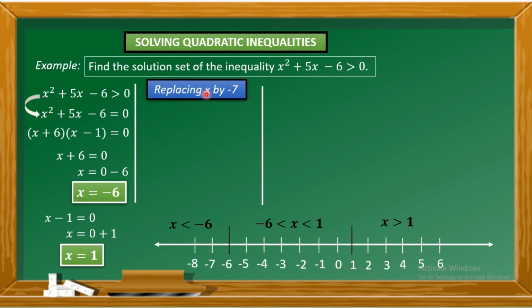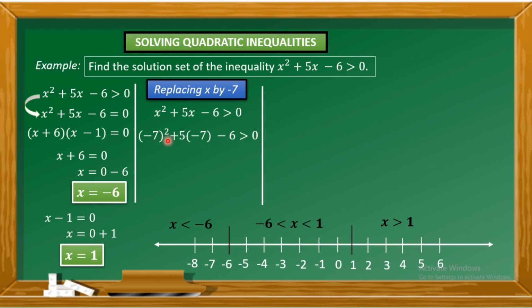So, replacing x by negative 7, this is the given, x squared plus 5x minus 6 is greater than 0. We replace x by negative 7, in this one and also this one. And then simplify.